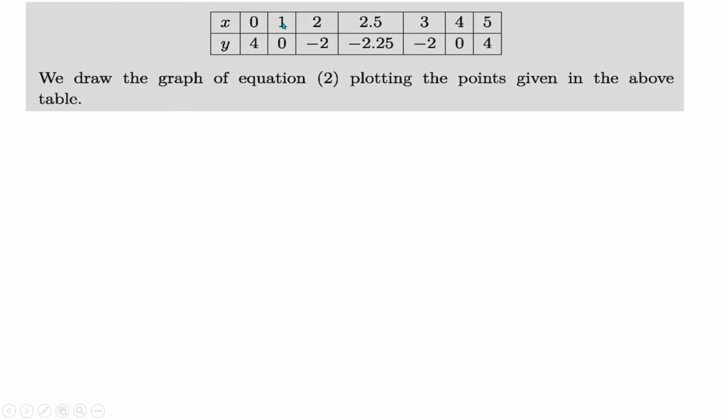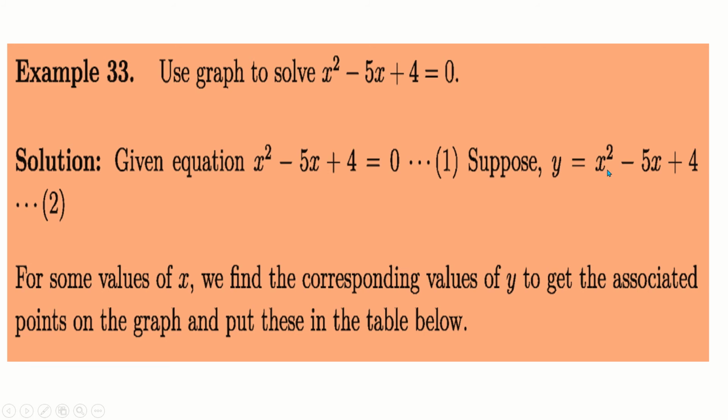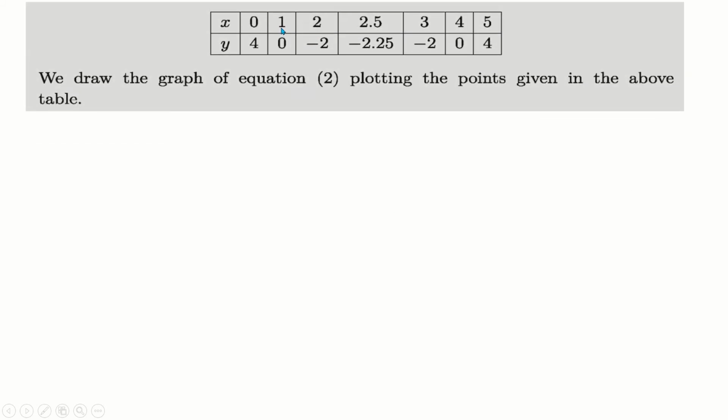When x is equal to 1, then y is equal to 0. When we put x equal to 1, that means 1 square is 1, minus 5 into 1 plus 4. That means 1 minus 5 plus 4, that means 5 minus 5, which equals 0. So when x is equal to 1, y is equal to 0.